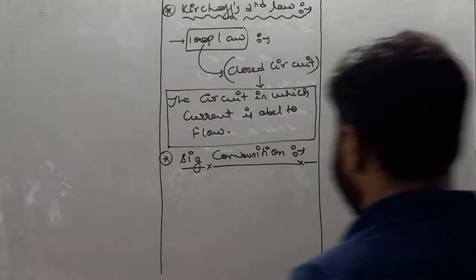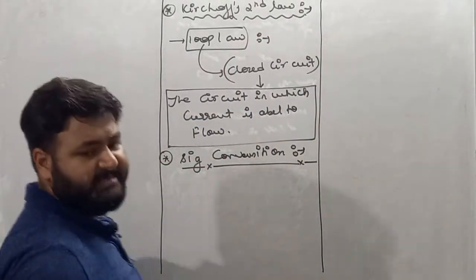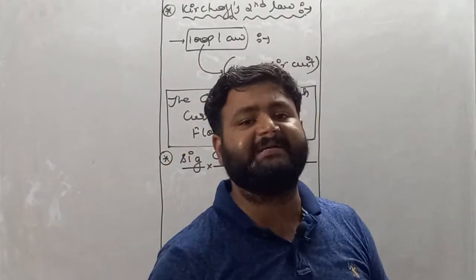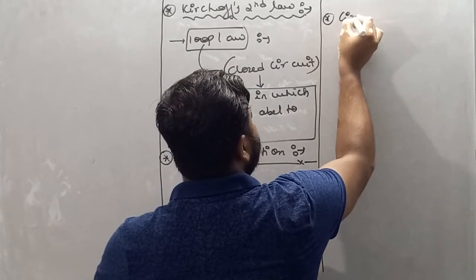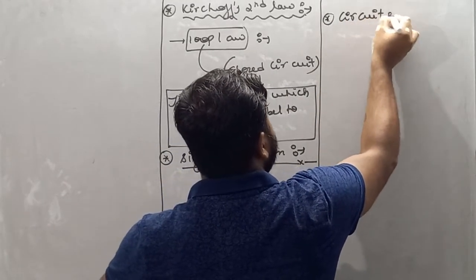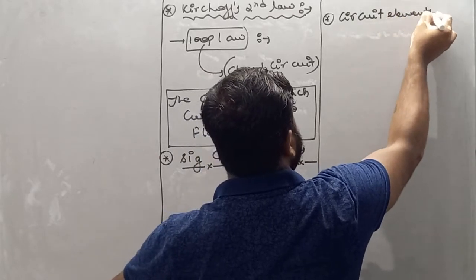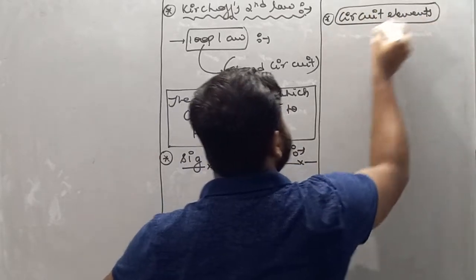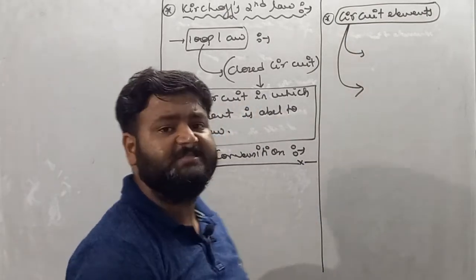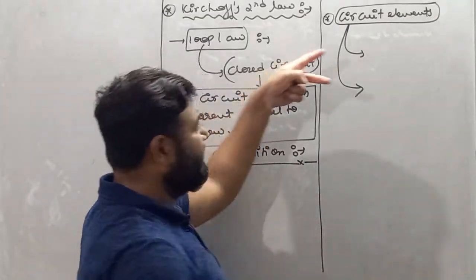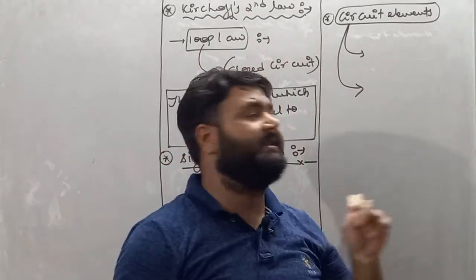So my dear student, we'll discuss sign convention of two different circuit elements. I am using a term called circuit elements. Circuit elements are nothing but the components, or we can say the devices, which are used in a circuit. We'll discuss only two circuit elements.